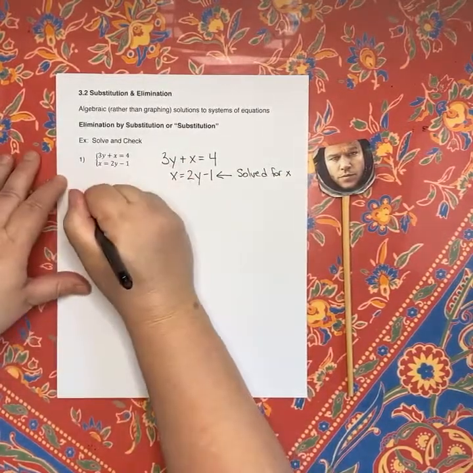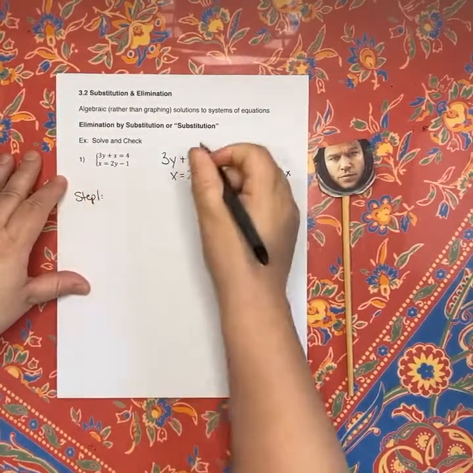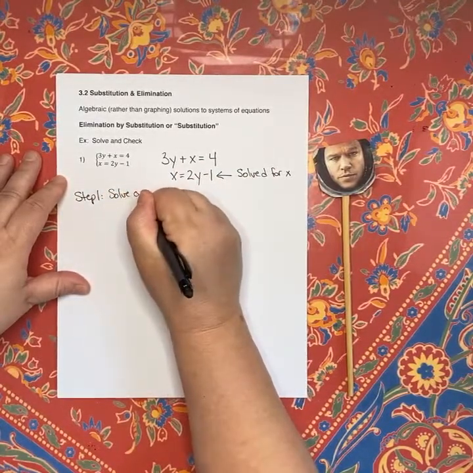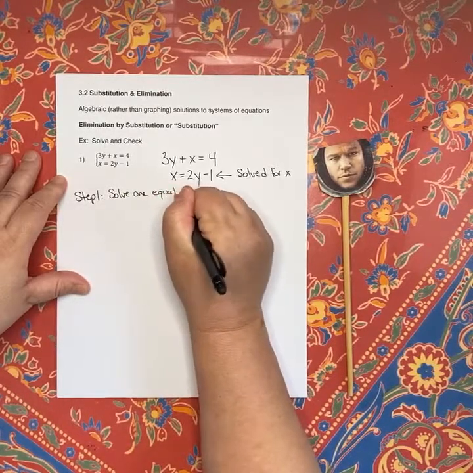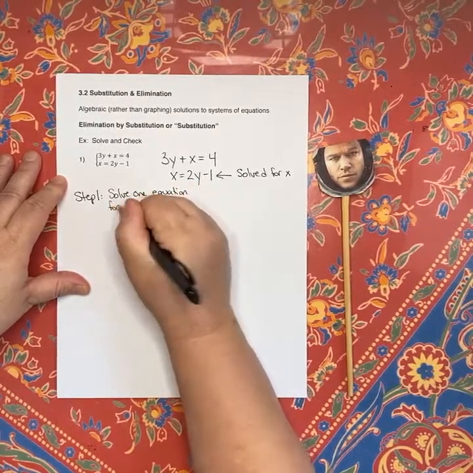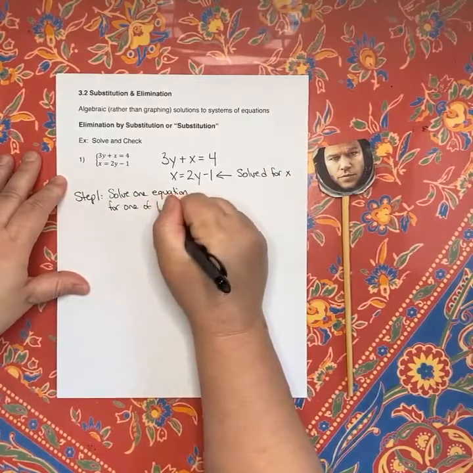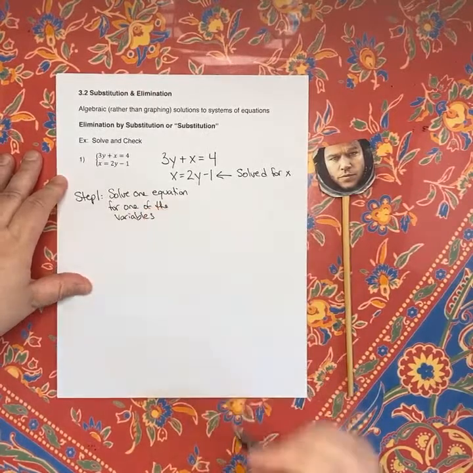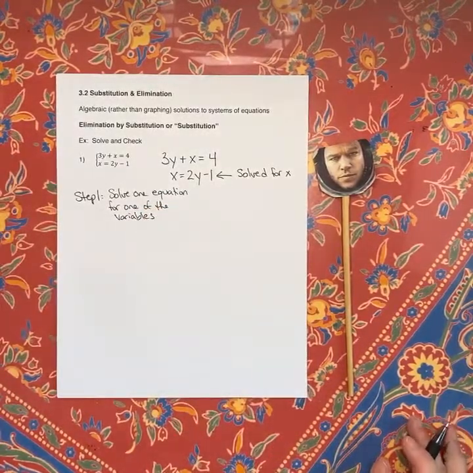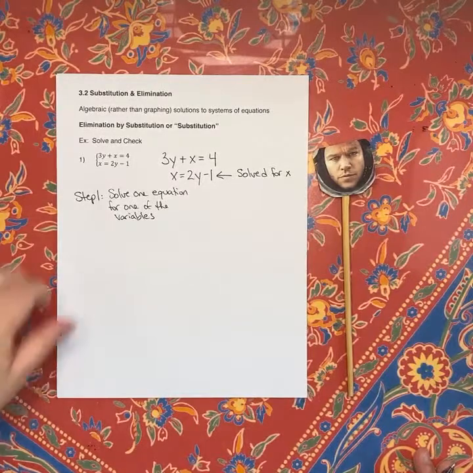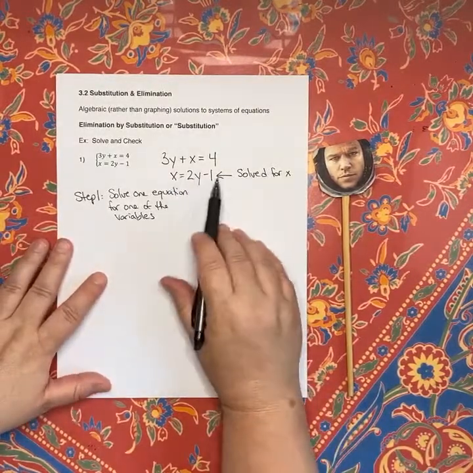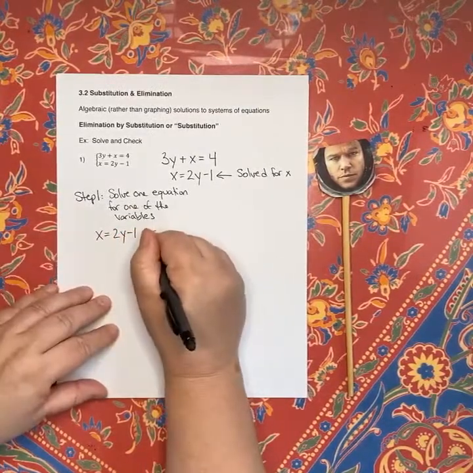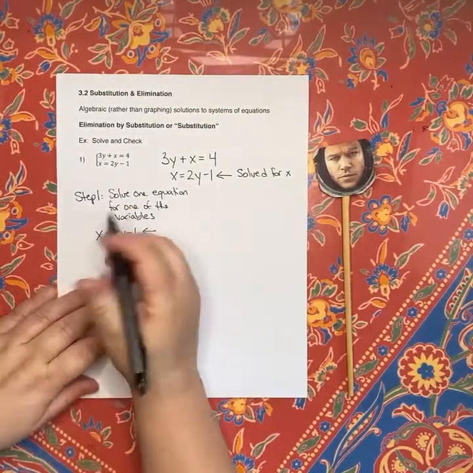The first step, step 1, to use this particular method, you have to solve one equation for one of the variables. It turns out it doesn't matter which one. So you can make this as easy on yourself or as hard on yourself as you'd like. I happen to already have one, x equals 2y minus 1. Ta-da! So that step is already done.